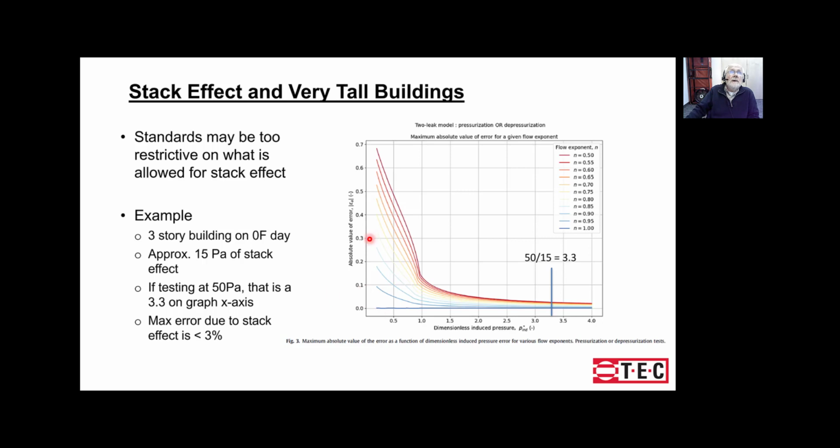And then the y-axis is the absolute value of the maximum error that you could have due to the stack effect. Each of the colors is determined by what the flow exponent of the leaks are.